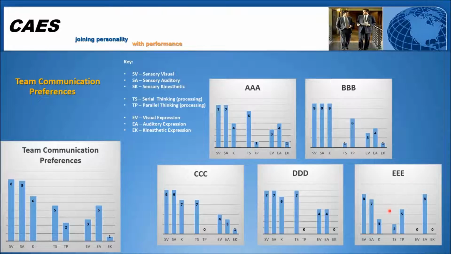Certainly, we see that from E, as we recall that E was moving up fairly high in abstract thinking. And so we can make those initial correlations.